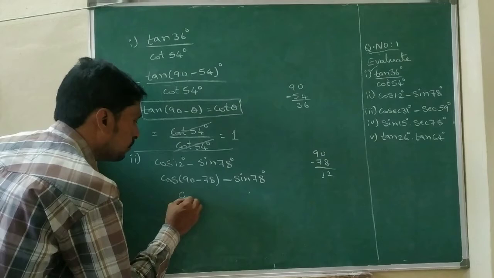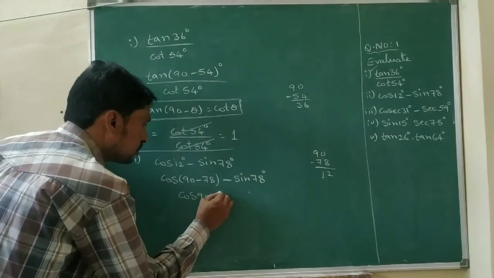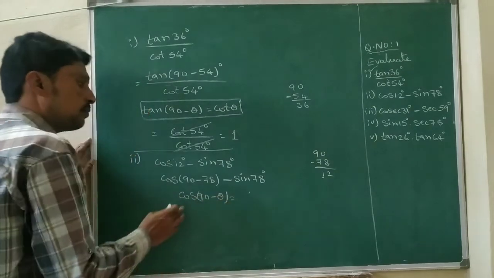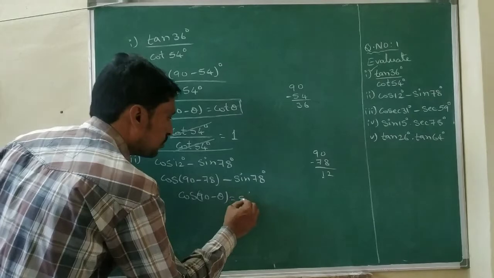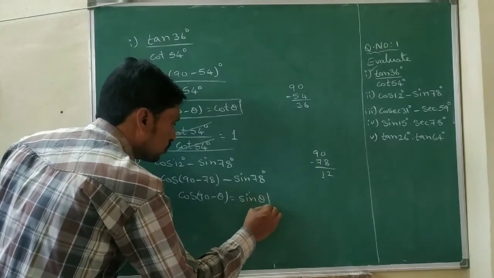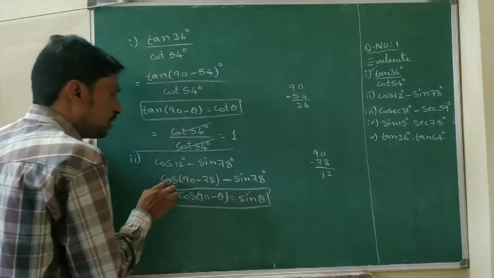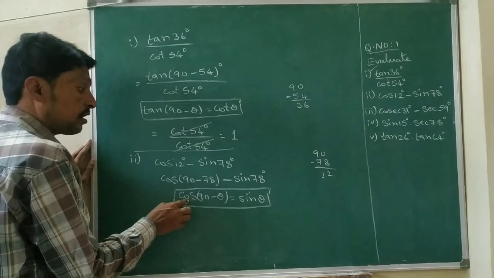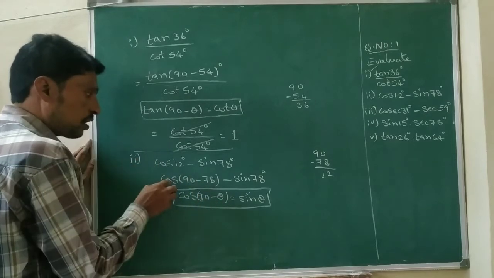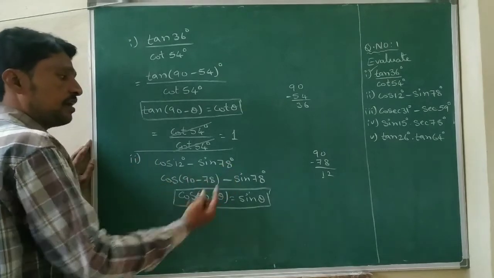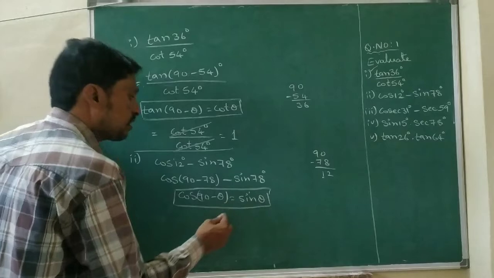Here it is of the form cos (90 minus theta). The formula is cos (90 minus theta) equals sin theta. So cos (90 minus 78) becomes sin 78.